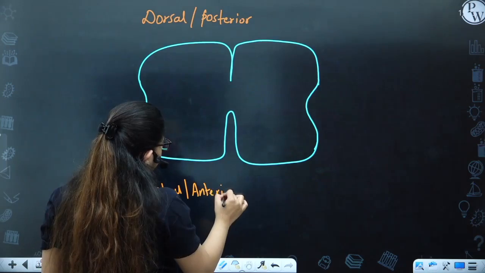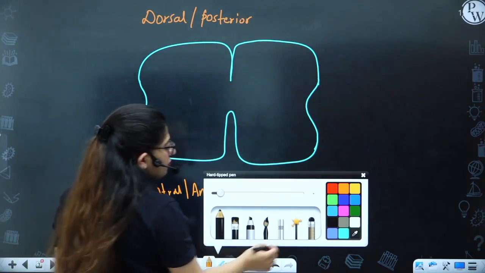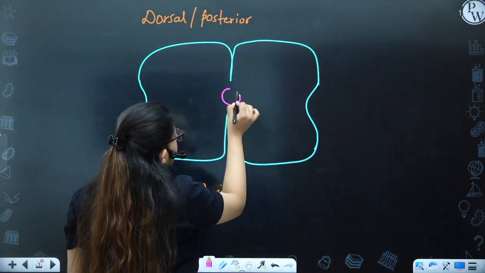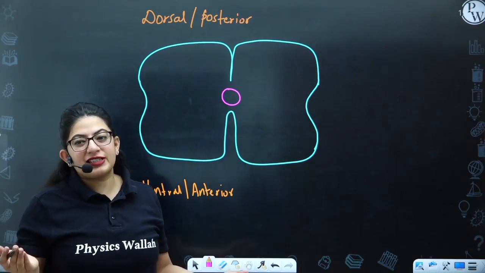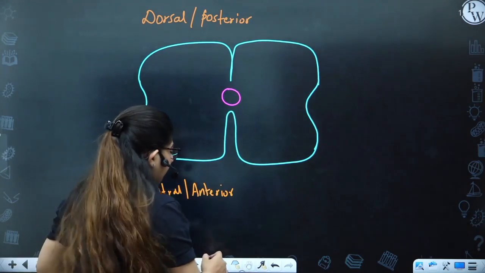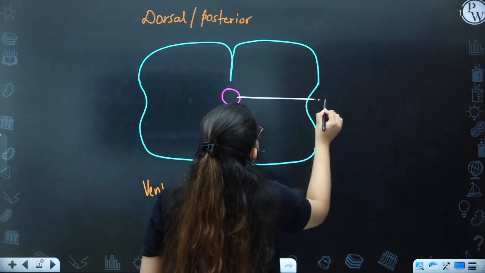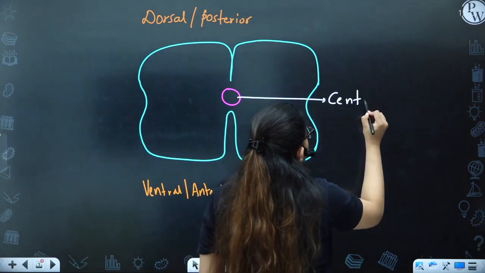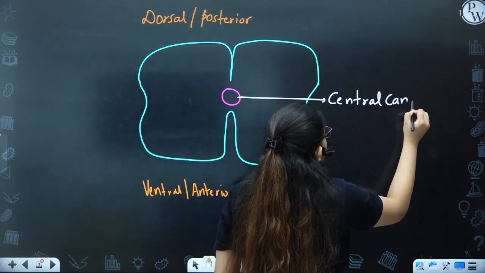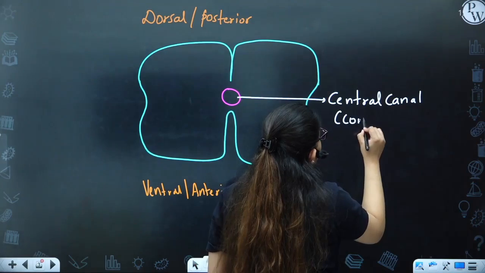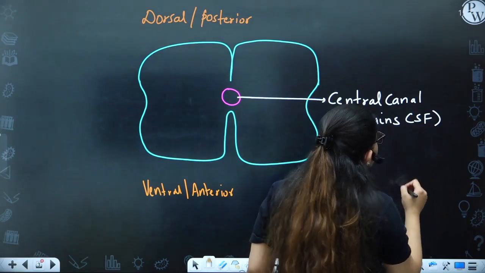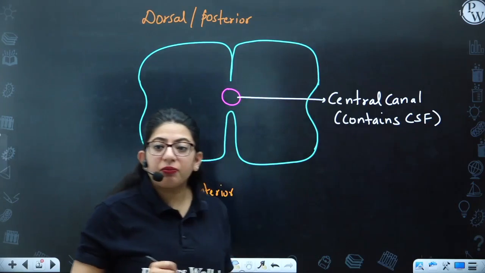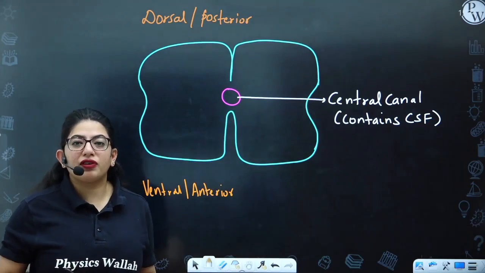Alright. And in the center of your spinal cord is present an empty space which contains CSF. What is CSF? Cerebrospinal fluid, right? So this portion is known as central canal. Central canal. It contains CSF. I know you all know what is the full form of CSF. Cerebrospinal fluid. That was also present in the brain and it was formed by the filtration of blood.